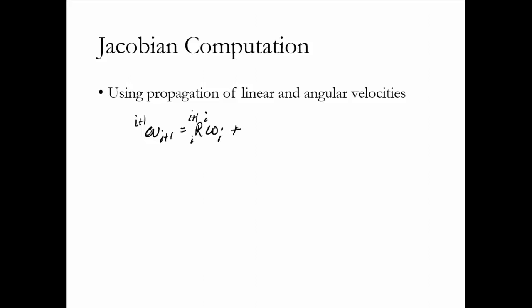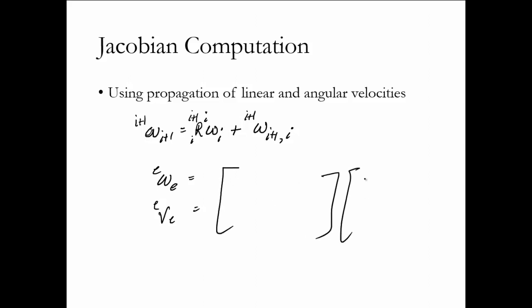And it is also equal to omega i plus 1 with respect to i in frame i plus 1. This type of relation finally gives us omega of E in E, which is the end effector. Similarly, we can get v in E.